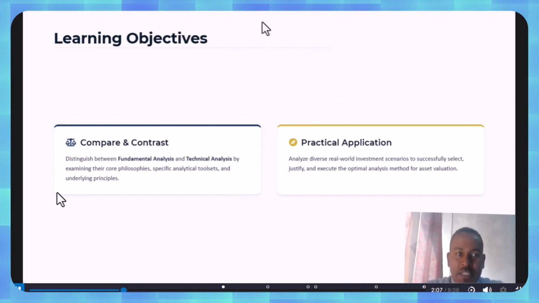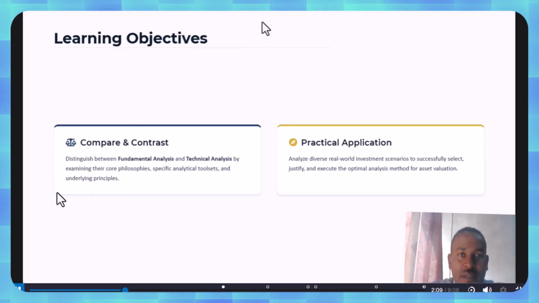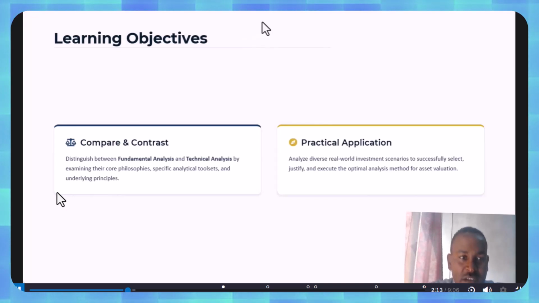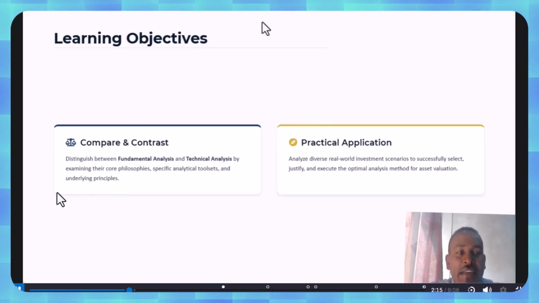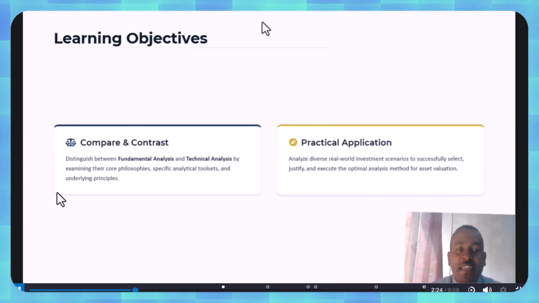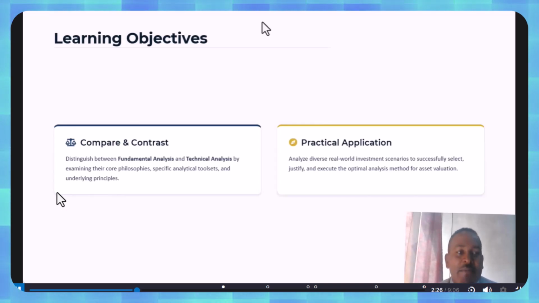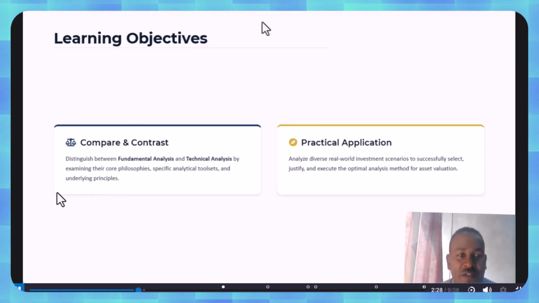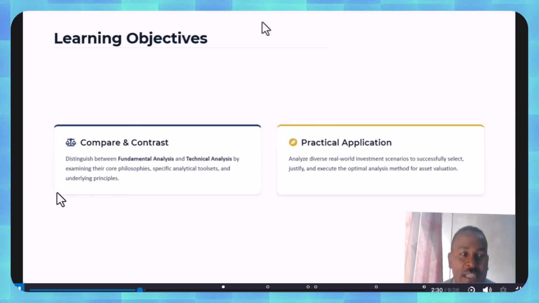So this presentation has two main learning objectives. Objective 1 is to compare and contrast fundamental analysis and technical analysis. Distinguish between fundamental analysis and technical analysis by examining their core philosophies, specific analytical toolsets, and underlying principles.